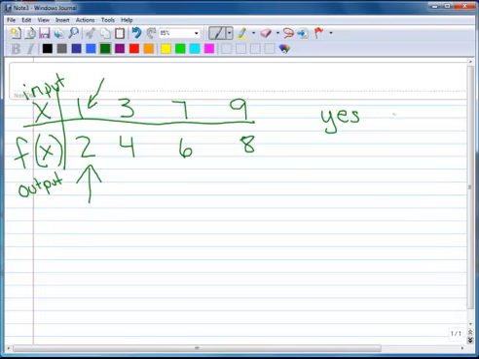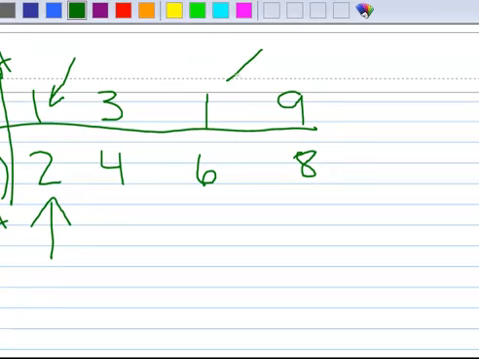So now let's change things a little bit and see if it's still a function. Here in this case I put in 1 and I get out 2, just like I did initially. And now, further on down the line, I'm putting 1 in, but now I get out a 6.